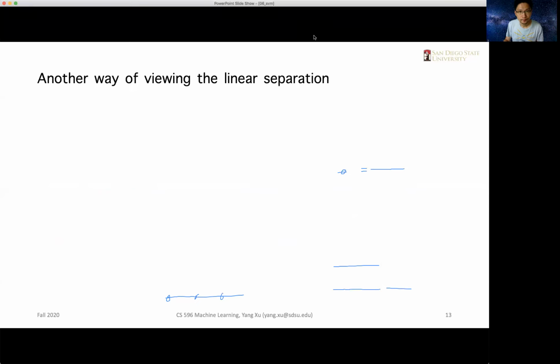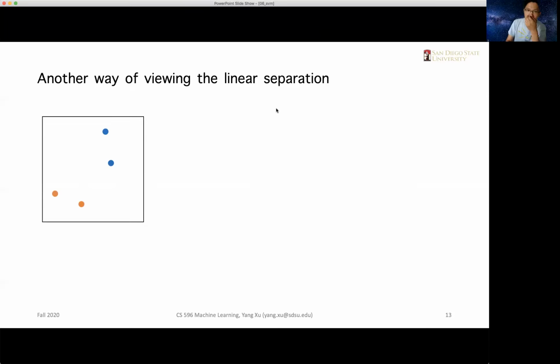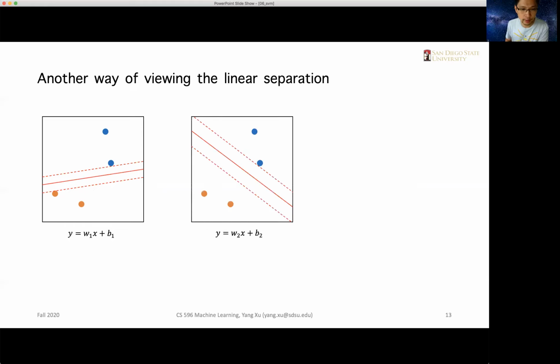Another way to think of whether a linear separation is good or bad is to measure how far apart the data points are on the two sides of the decision boundary. With a decision boundary like this, if we find the data points that are closest in distance to the boundary, we can see where the yellow and the blue data points are located.